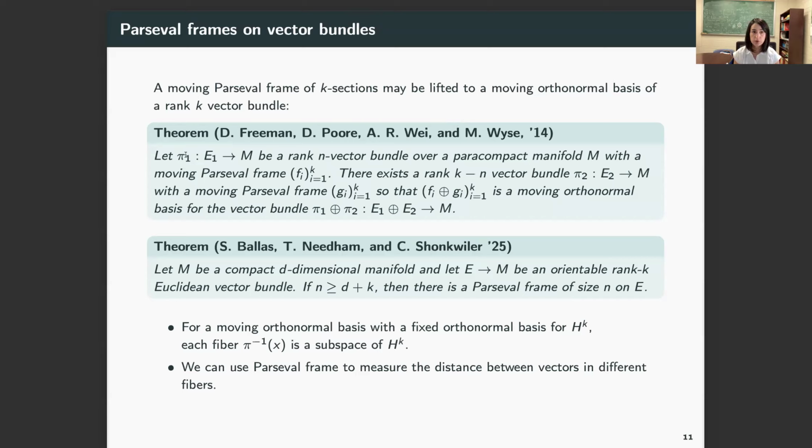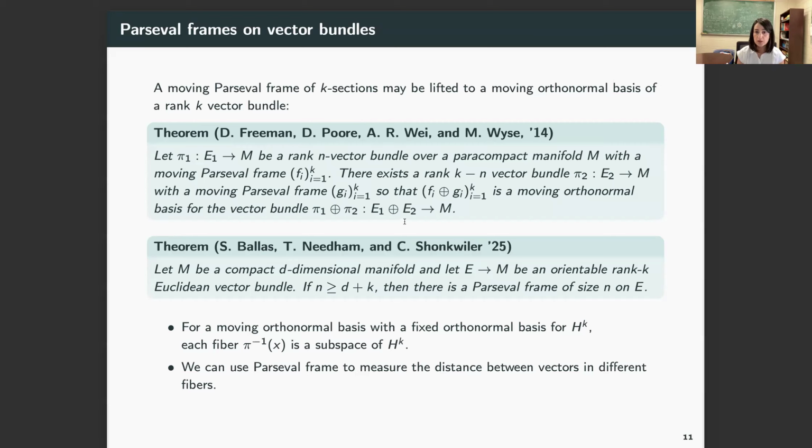There's a theorem that says if you take two vector bundles, pi1 and pi2, where pi1 is a rank N vector bundle with a moving parseval frame, the Fi's, and pi2 is a rank K minus N vector bundle with another moving parseval frame, then the direct sum of these two is going to be a moving orthonormal basis for the vector bundle that combines pi1 and pi2.